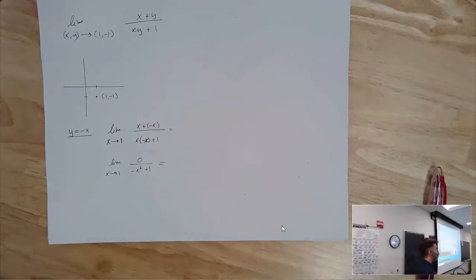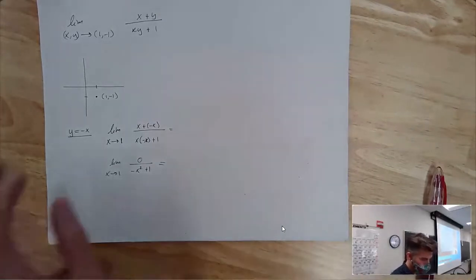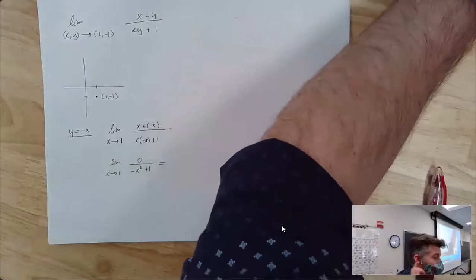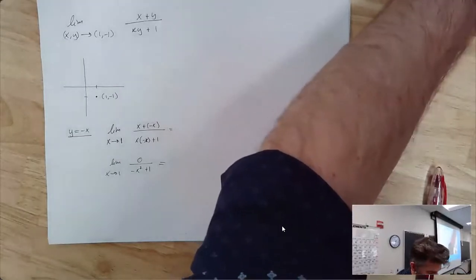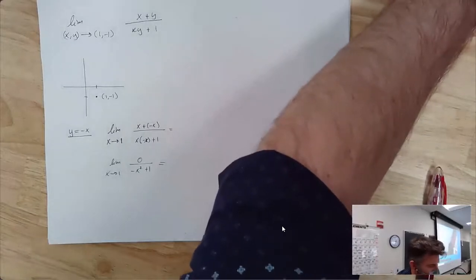I want to do more simplifying. How does this expression, 0 divided by negative x squared plus 1, simplify? Say that one more time. I actually can do less work. Sorry, I'm just letting the people on Zoom know they can ask questions.